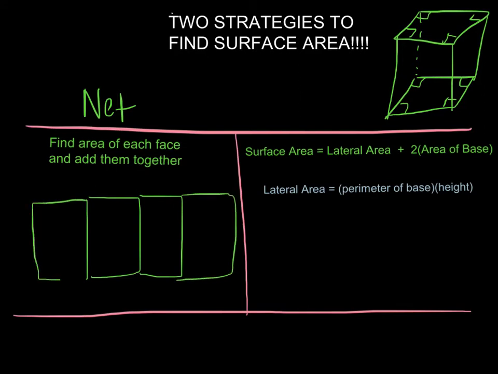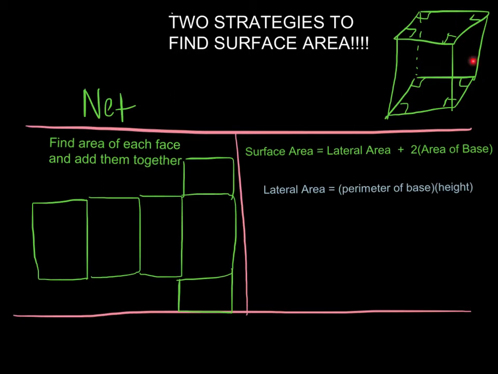So if you imagine that you lifted this side up, and then this side and this side and this side, and closed it, it would make the lateral area, the outside part. But I didn't include the bases yet, so I'm going to put a little part here and right here. Those are all the bases, all the faces of this shape.